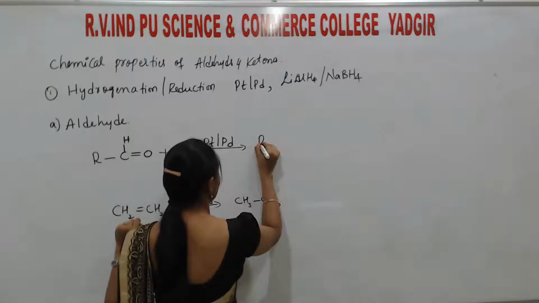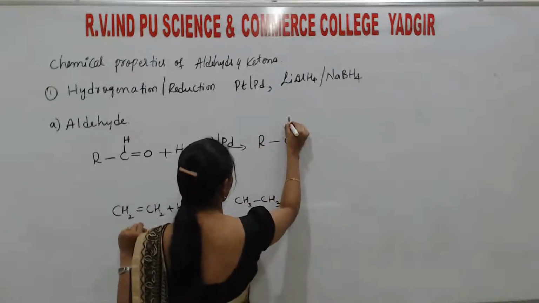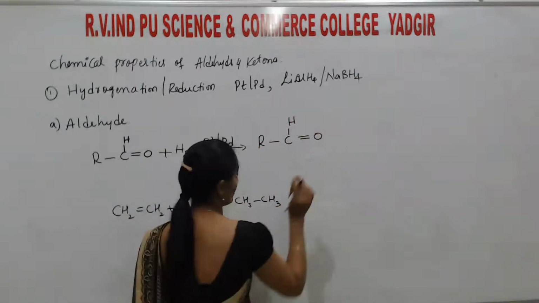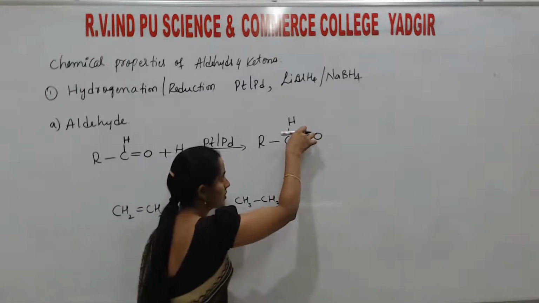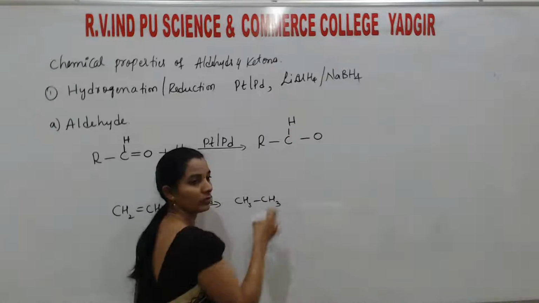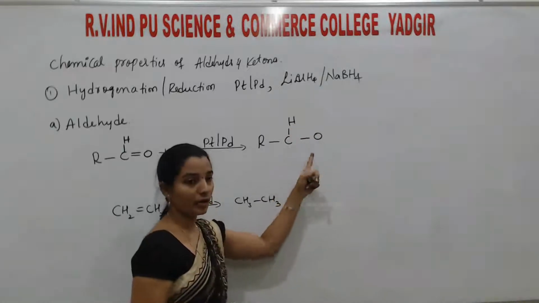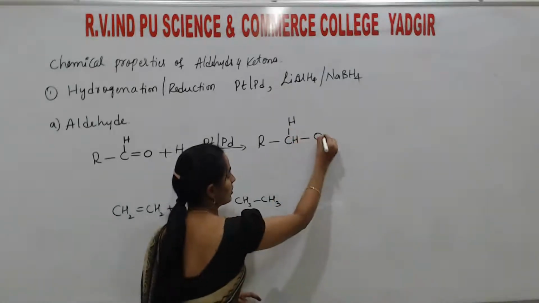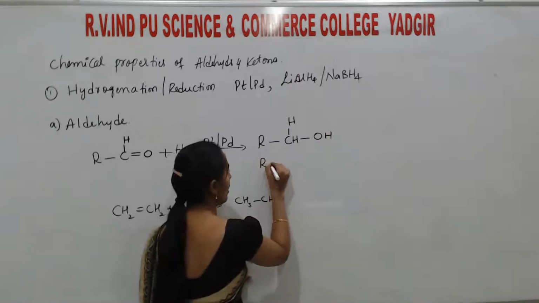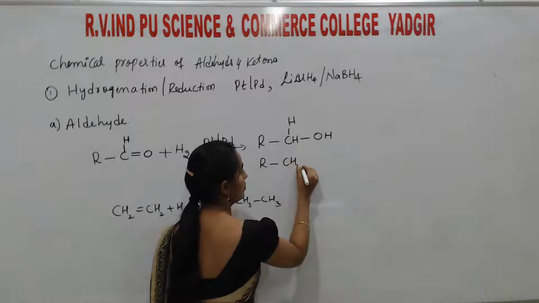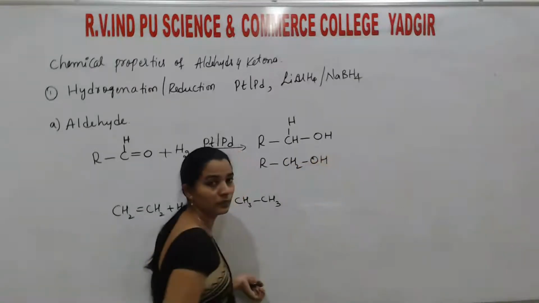R I will take as common, so CH is common, double bond O is common. Here hydrogen is added, meaning this bond is removed. On either side of the atoms, one hydrogen is here and one is here. So the general reaction is R, here it is CH2, here OH.